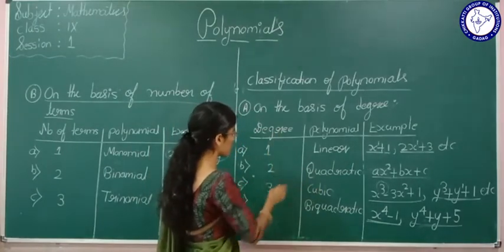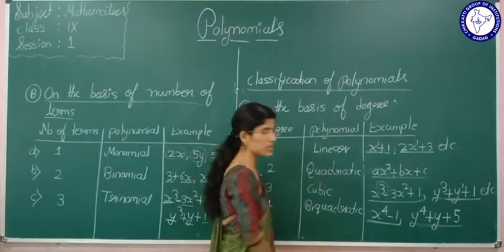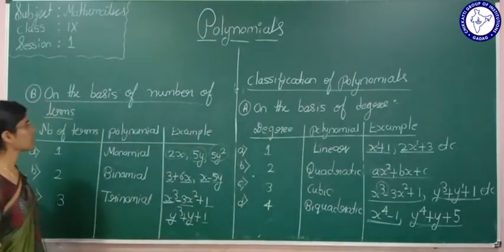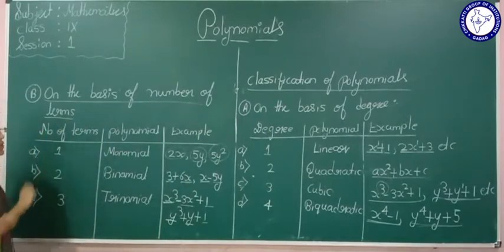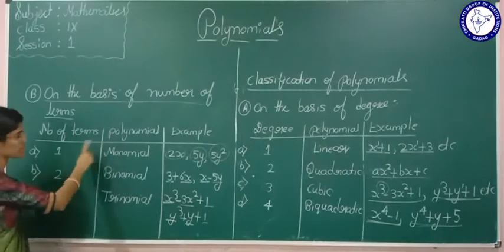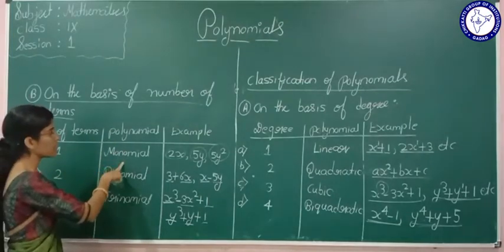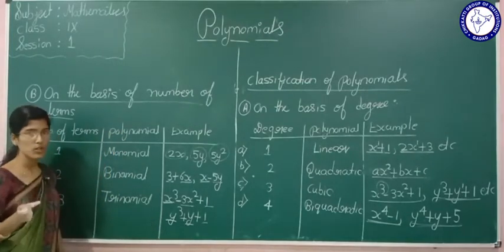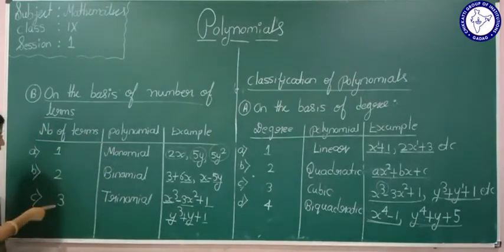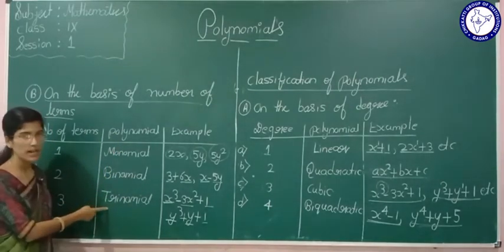If the degree is 4, it is called biquadratic polynomial. Again we have classified on the basis of number of terms. If the number of terms in a polynomial is 1, that is called monomial. If the number of terms is 2, it is called binomial. If the number of terms is 3, it is called trinomial.